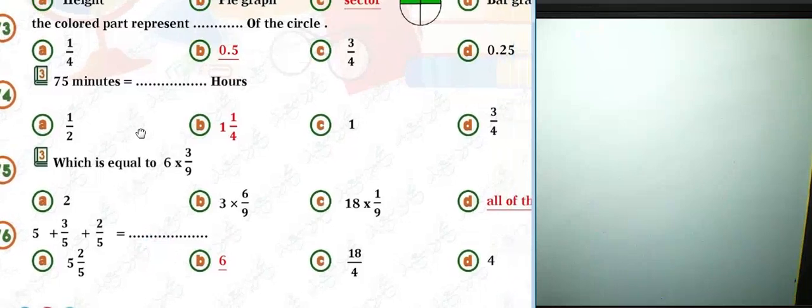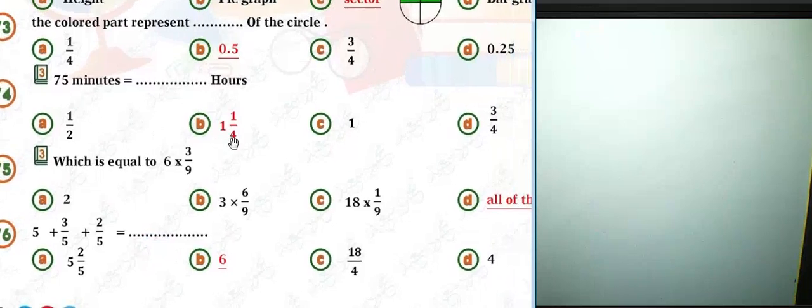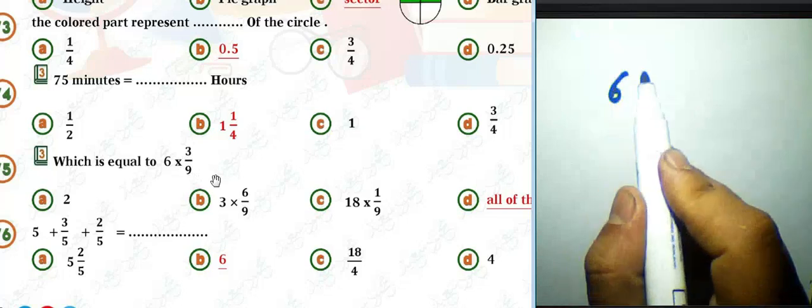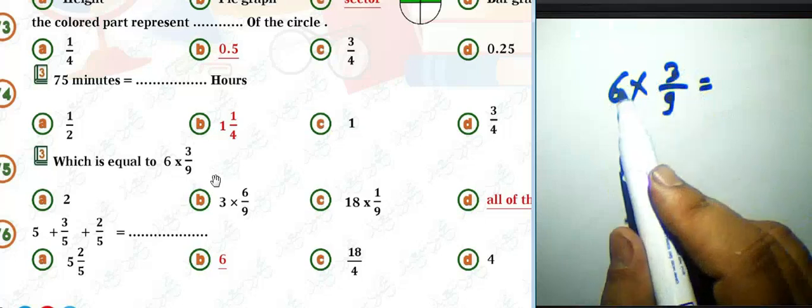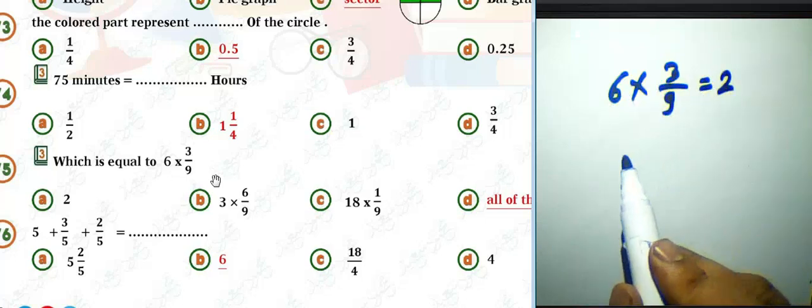75 minutes equal 1 and 1 fourth hours, because 1 hour equals 60 minutes and a fourth equals 15. 15 plus 60 equal 75, which is equal to 6 multiply 3 over 9. We know 3 times 6 equal 18. 18 divided by 9 equal 2.